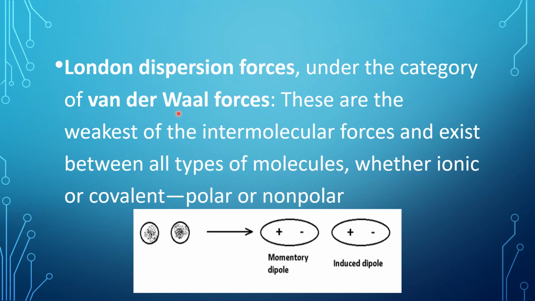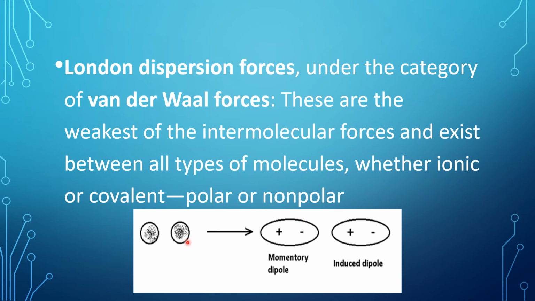London dispersion is also under van der Waals, where it is the weakest of the intermolecular forces, with all types of molecules, whether ionic, polar, or non-polar, but usually it appears in a definite type of covalent bond.